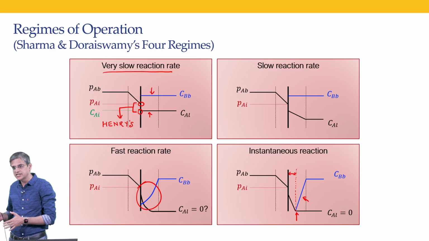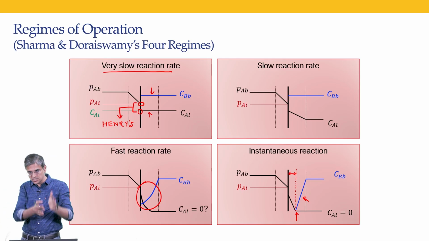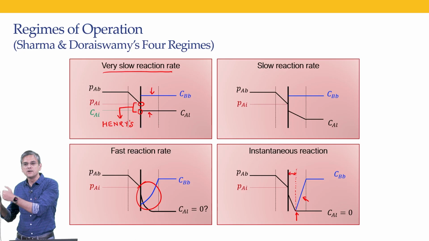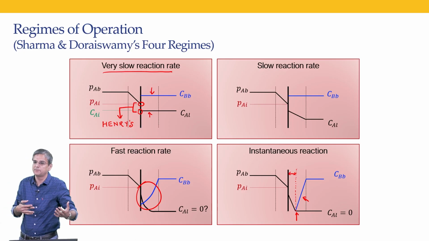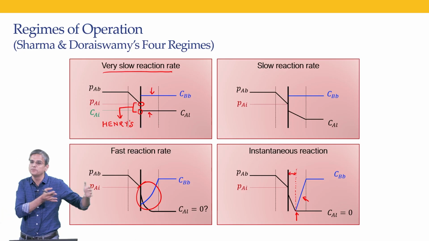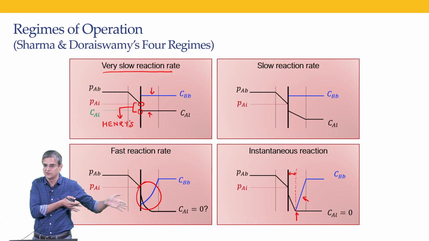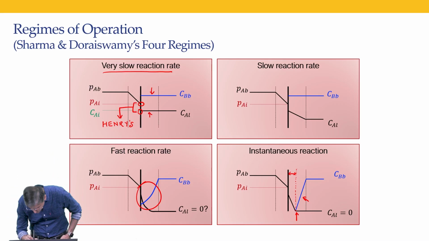In the other case, there is no reaction in this half and this half of the liquid film, because there is no A present in the right half, there is no B present in the left half. The reasons are different, but the idea is the same, that there is no reaction.